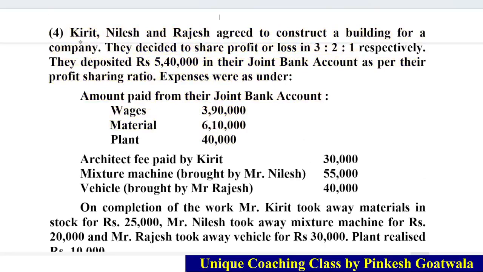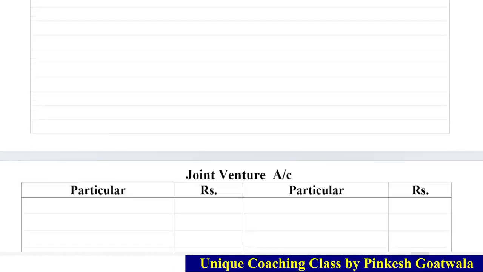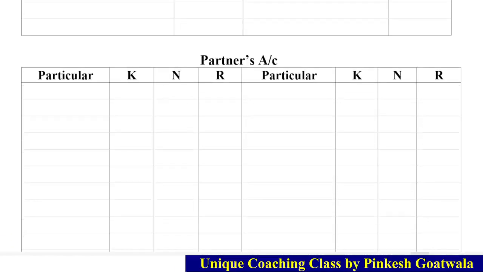Okay, so here they deposit money into the joint bank account in this ratio. Total 540 છે અને 3 : 2 : 1 માં distribute કરીશું. So you will get 270, 180 and 90. So let's give that effect: Kirit, Nilesh and Rajesh. So partners' accounts માં ક્યાં આવશે? To credit side. So here, joint bank account I write in short because there is not enough space. 270, 180 and 90.